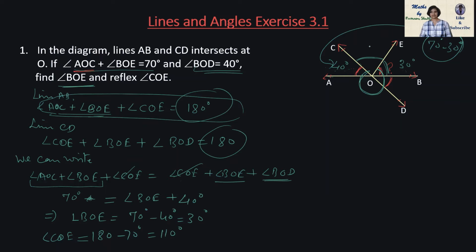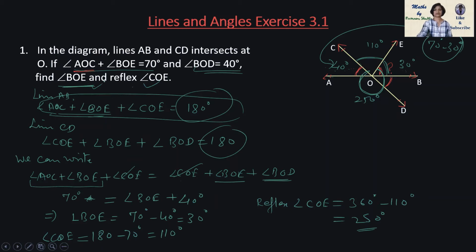If this is 110 degrees, it is very simple to find reflex angle COE. Reflex angle COE equals 360 degrees minus 110 degrees. What will you get? 250 degrees. So this angle will be 250 degrees. This and this, both we have done.